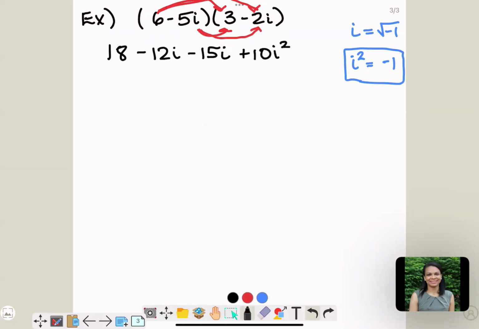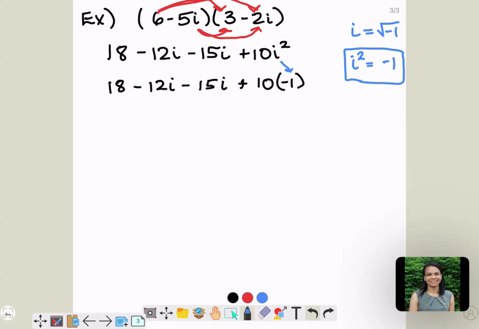So I'm multiplying i times i. So now I'm going to change that i squared to -1. And this is multiplication, so it's going to be 10 times -1. So the i squared is equal to -1, so just replacing them. And now, to finish this up, I just need to combine the like terms.